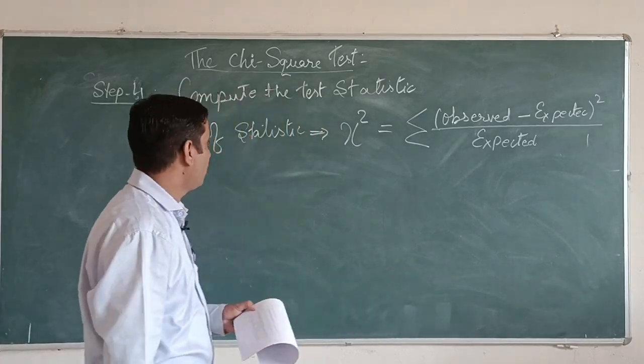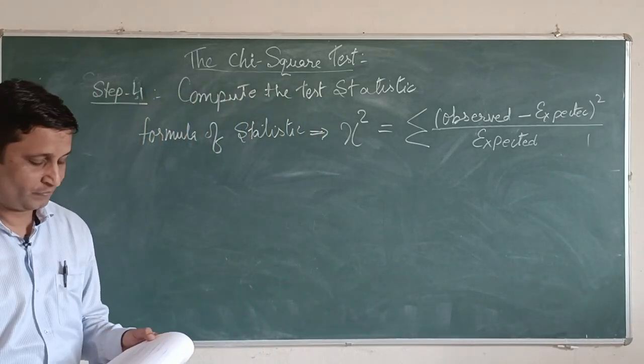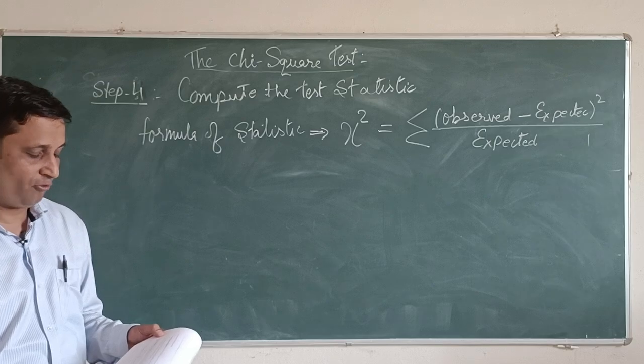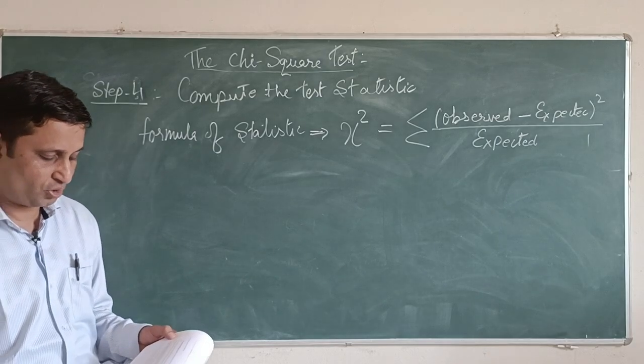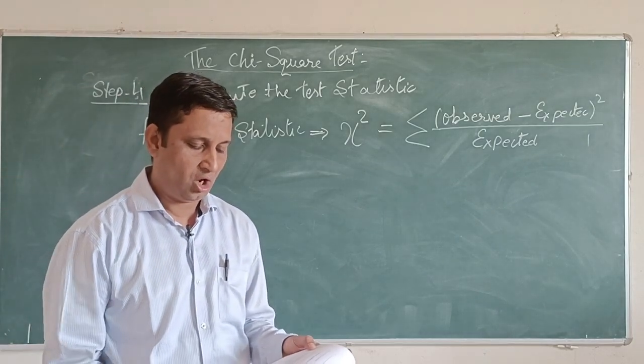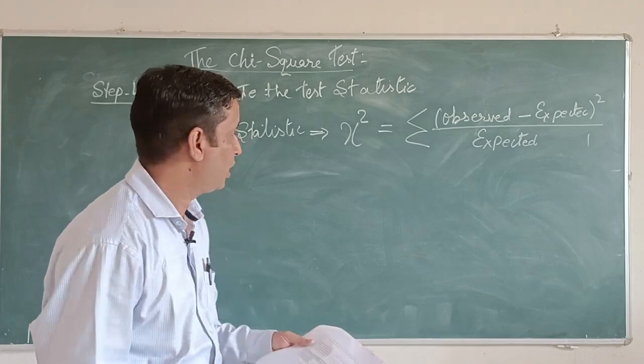This is the basic formula of the statistic, where the sum is over all possible values of the categorical variable.